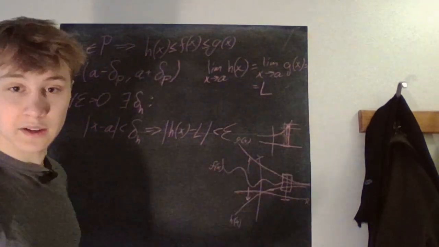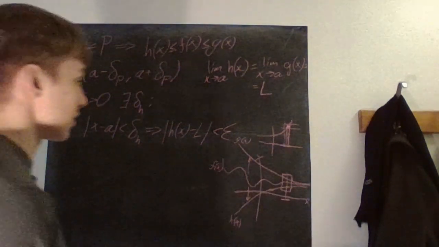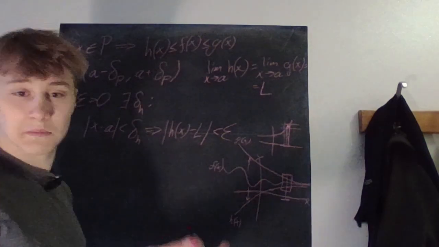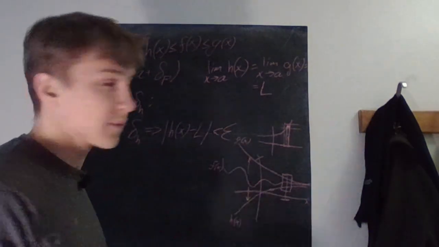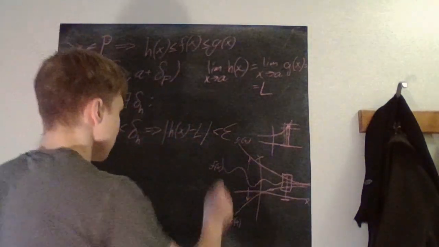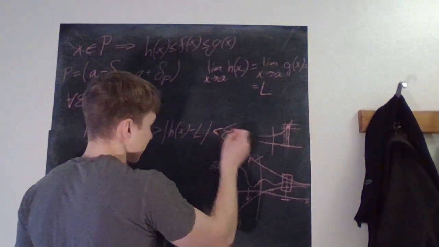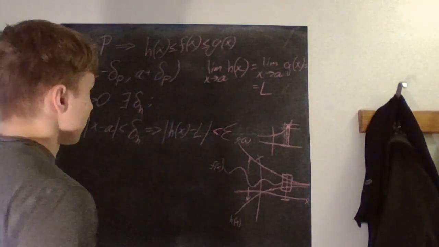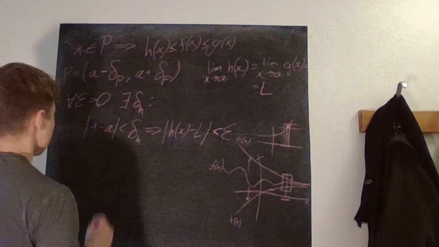And if you can mathematically find an answer for any given epsilon, meaning that your answer is just a function of whatever I challenged you with, then we know that the limit exists, basically.